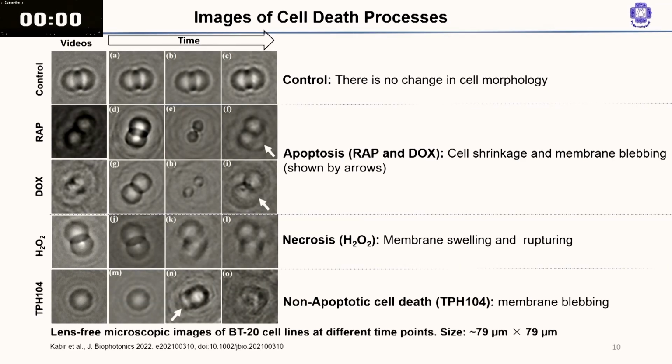Another drug was invented by one of the professors at the University of Toledo, and we see non-apoptotic cell death. There are other types of cell death like necroptosis. It may cause necroptotic cell death.